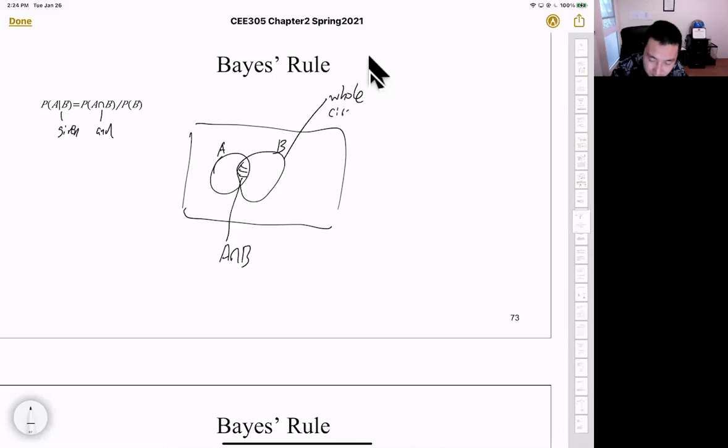So P(A given B) will be basically this part, the intersection of A and B, over the circle of B.